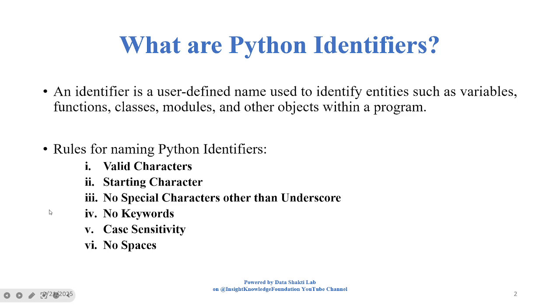All right. And the last rule is the length of the name. While there is no strict length limit, it is always recommended to keep identifiers reasonably concise and descriptive for readability purposes.